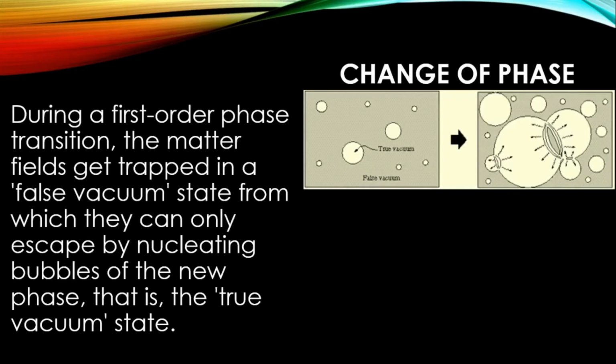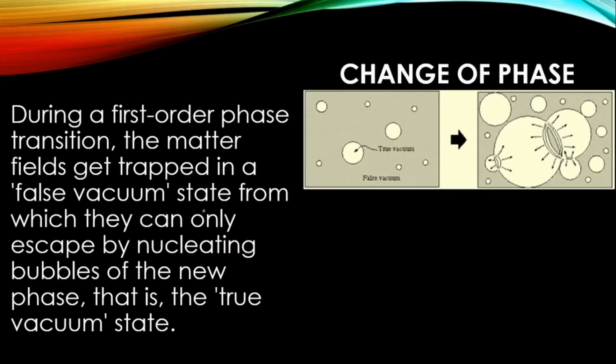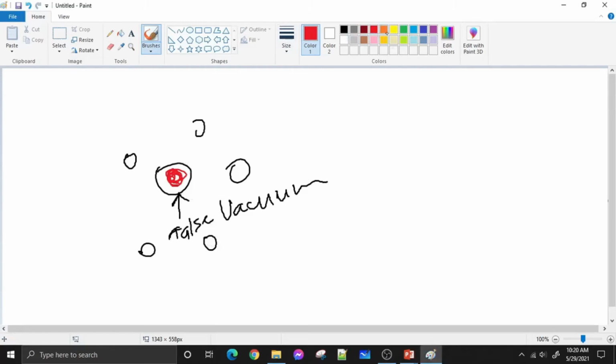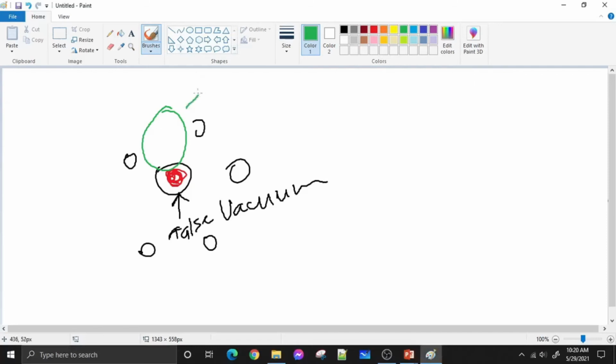And then the matter is trapped inside this false vacuum, which they can only escape by nucleating bubbles of the new phase, that is the true vacuum state. So it must create a true vacuum state. Let's draw a true vacuum state here. So this is your true vacuum state.